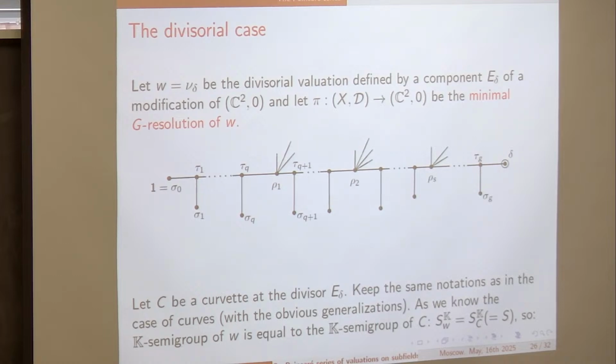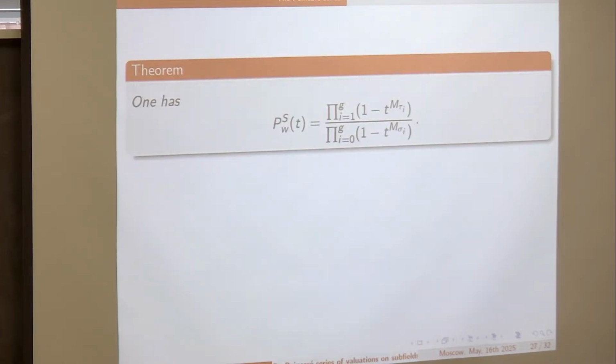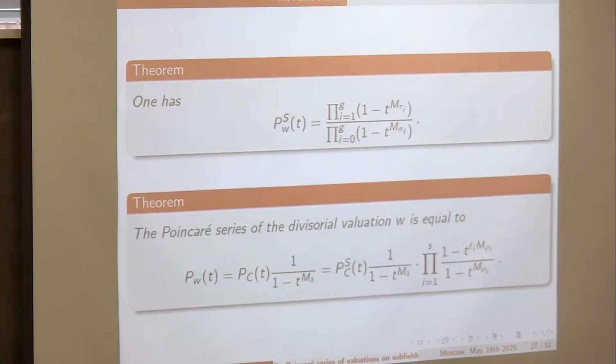So in this, there is no difference, and this is the same computation. But for the Poincaré series, you have the Poincaré series of the curve, and just the one we defined, with the same factor added as in the analytic case.